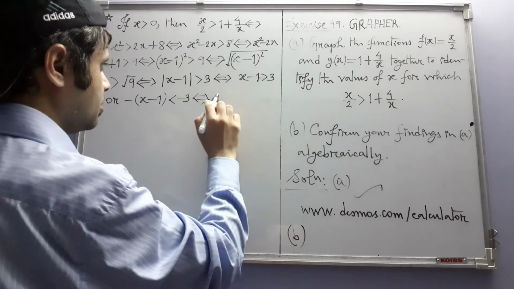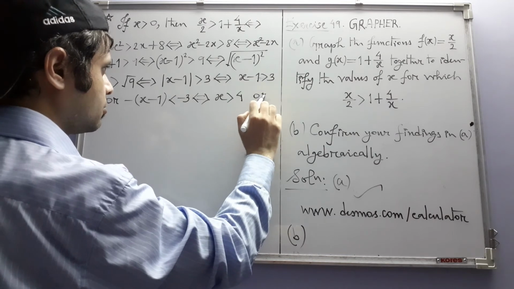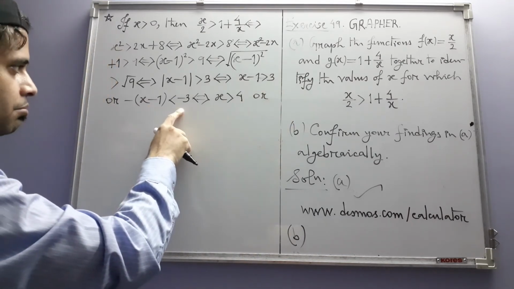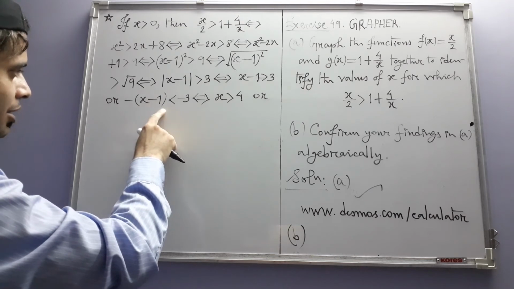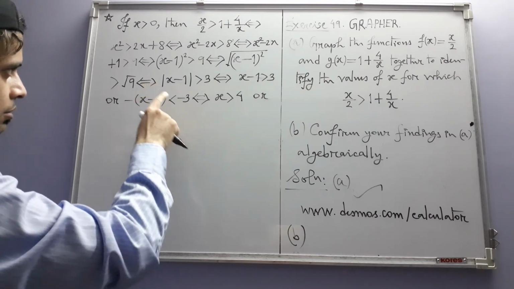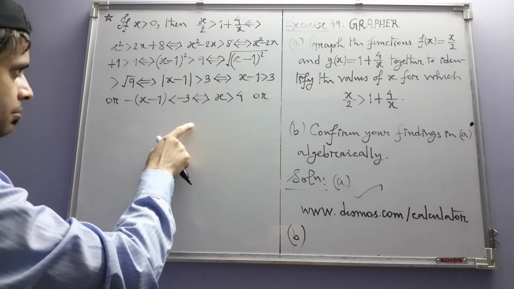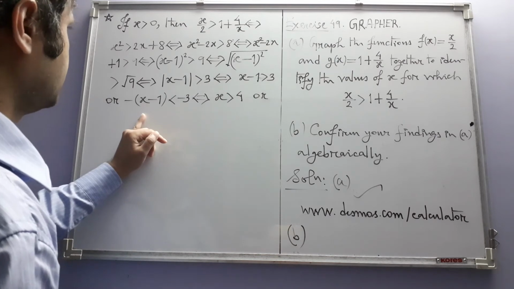If and only if x is greater than 4 or, so if we multiply both sides by minus 1, then we have x minus 1 greater than 3. What is happening here?